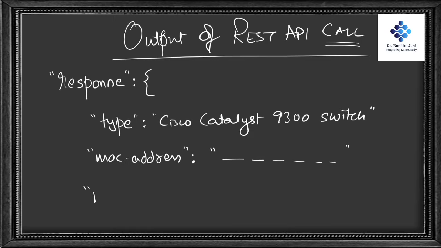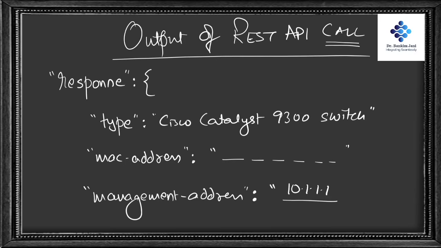Similarly, management address, and there would be some management address, let's say 10.1.1.1, right? So that's how this entire piece of information goes, in such a way that even if you are not in programming, you still understand it, that yes, it is so human.